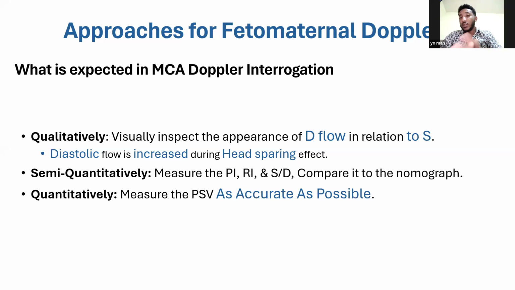Then we measure semi-qualitatively by using PI, RI, and SD, and compare them to gestational age-related nomograms. Quantitatively, the most important thing is to measure the peak systolic velocity as accurately as possible by using different techniques, okay? Because especially for fetal anemia, an accurate peak systolic velocity is mandatory.